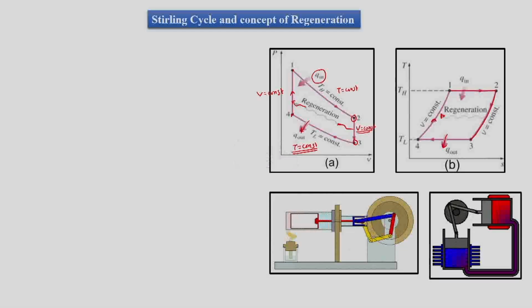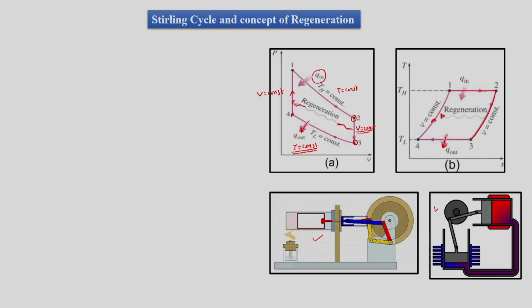So there are engines which are operating in this manner for the Stirling cycle. They are existing engines. We can see here that these engines can either be 2 cylinder 2 piston engines as in this case, or we have 1 cylinder 2 piston engine in the other case. So there are different versions of Stirling cycle based engines.